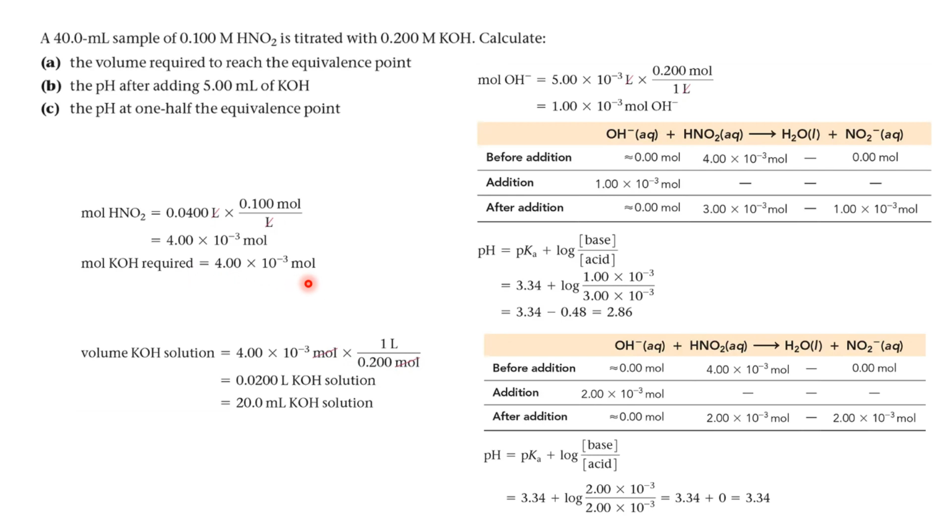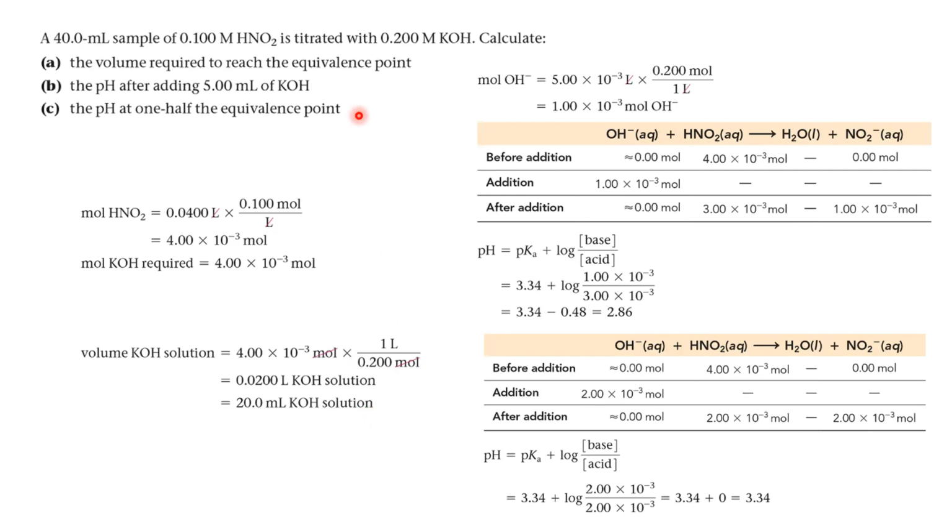This is the amount of KOH that you need. And if you're trying to figure out the volume, because this is moles right now, if you need the volume required to reach the equivalence point, then you just need to divide by the concentration of your KOH, which in this case we show right over here is just 0.2. And there it is. There's your volume of KOH, 20 milliliters, to reach the equivalence point.